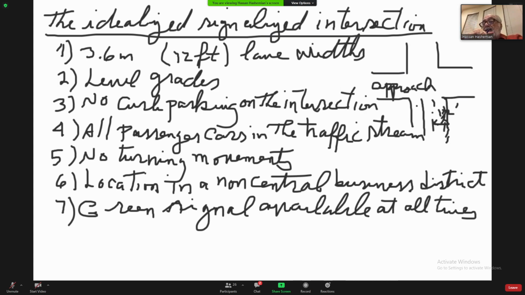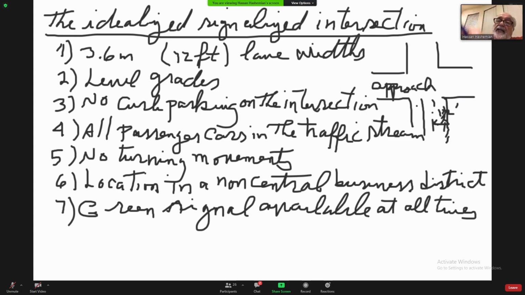We usually have red time, yellow time, so we have to multiply the capacity by a factor, so there will be fewer cars going through that intersection because of the yellow time and red time. And it should be in a non-central location. If you are in the central business district, which is downtown, your capacity will be less.